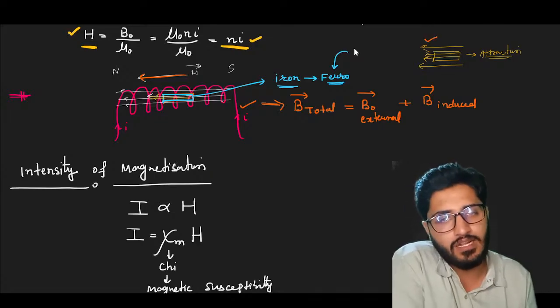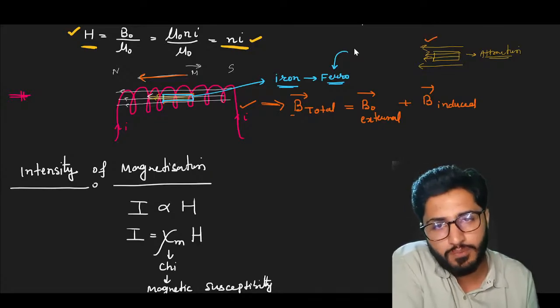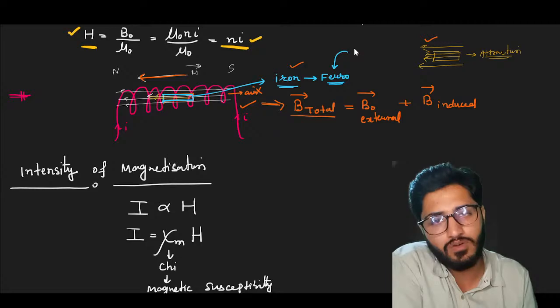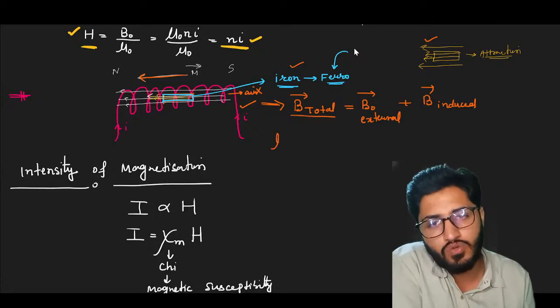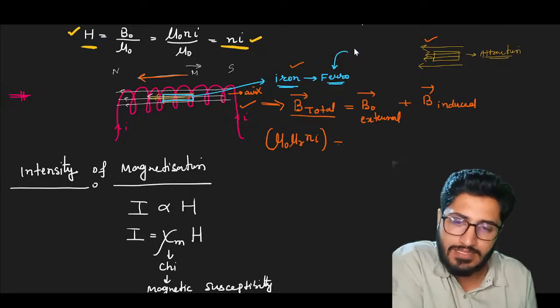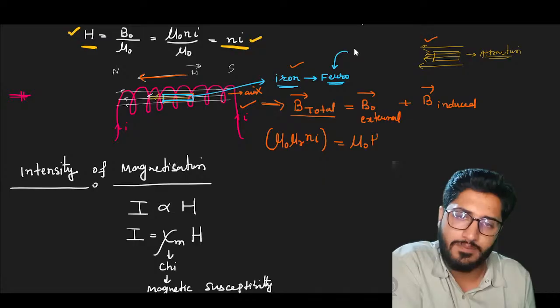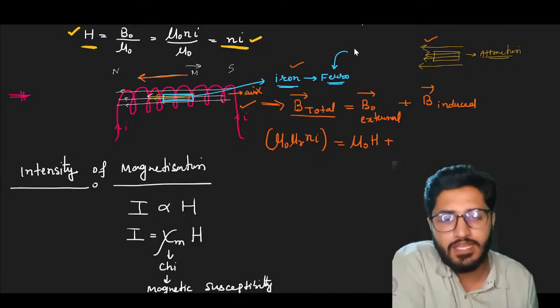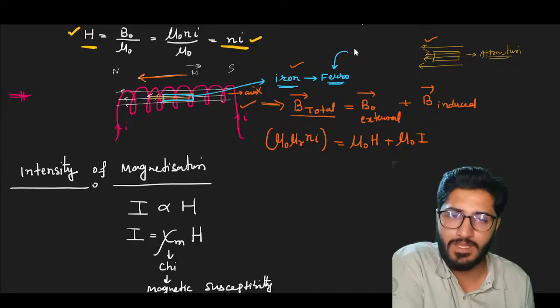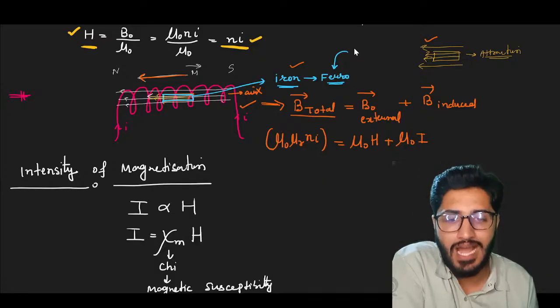So it is external plus induced. Now here we have iron, so I need to write mu naught, mu r, n I. External is mu naught H only, and B induced is mu naught I only.